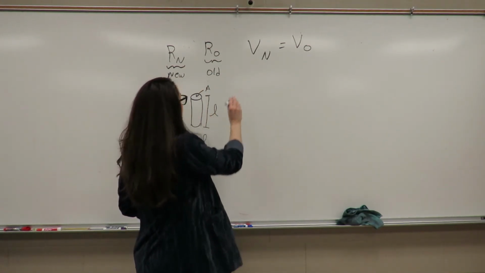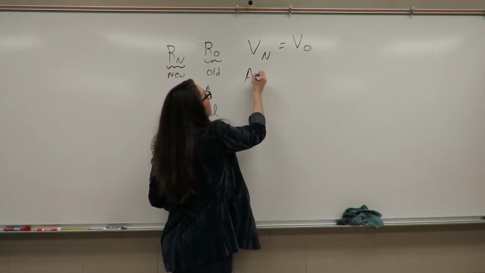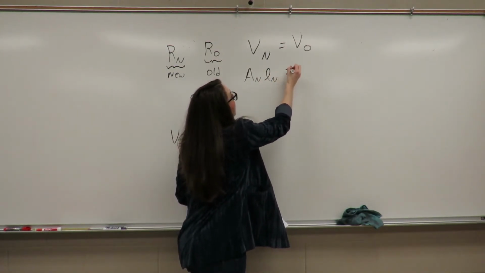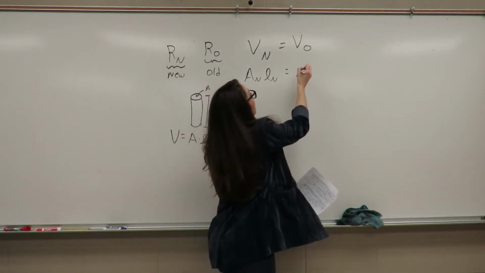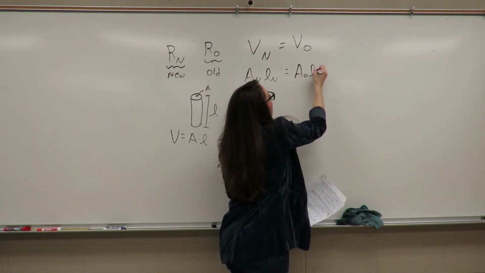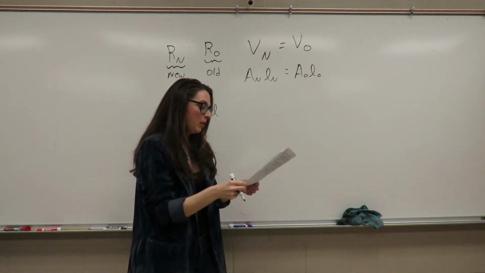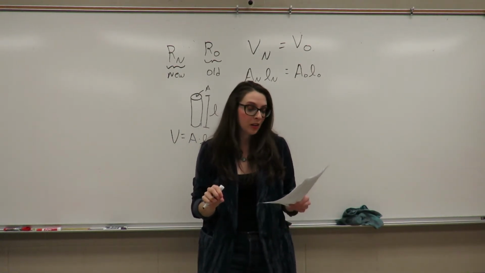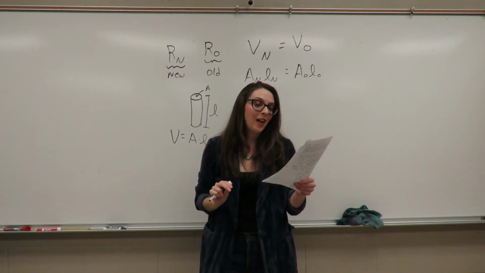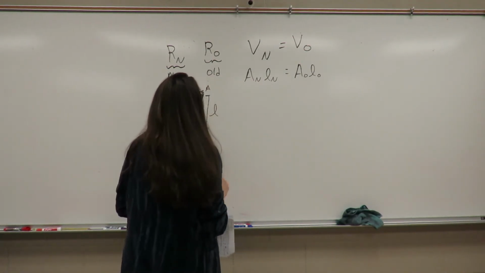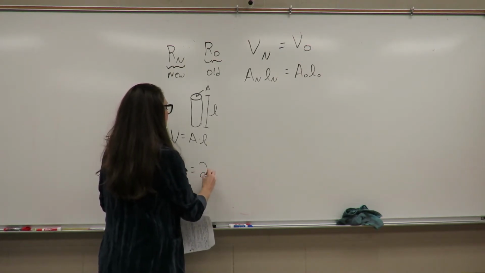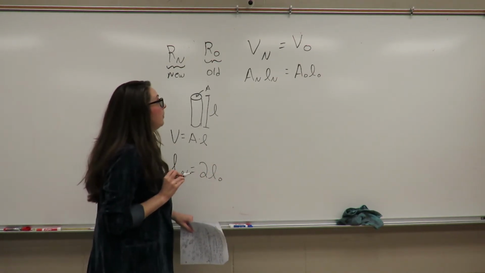So we can say that the new cross-sectional area times the new length has to equal the original cross-sectional area times the original length. Now we know that the new length is twice the old length, so L_n equals 2 times L_O.